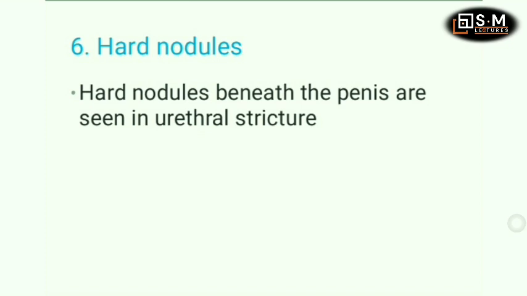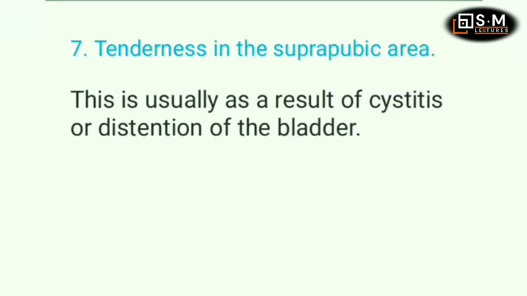penis. So this is also a sign of renal system diseases or kidney failure. Then the next thing is tenderness in the suprapubic area. This usually is a result of cystitis or distension of the bladder.